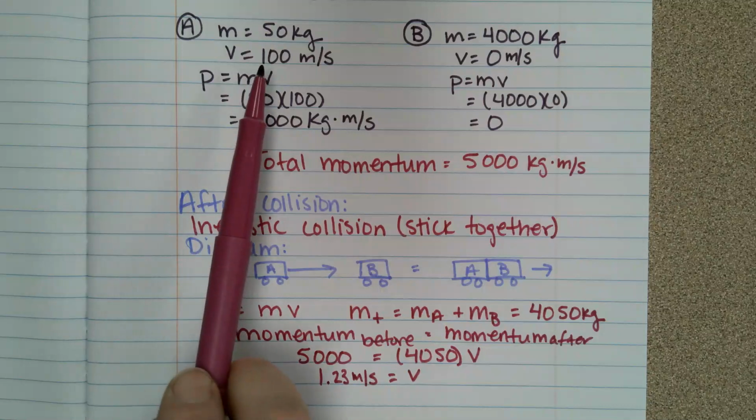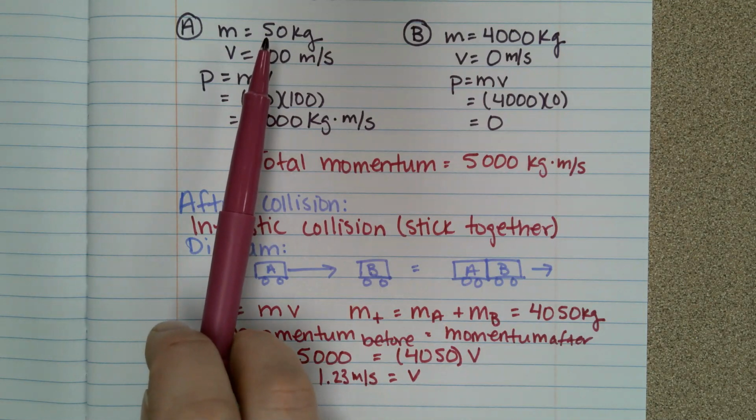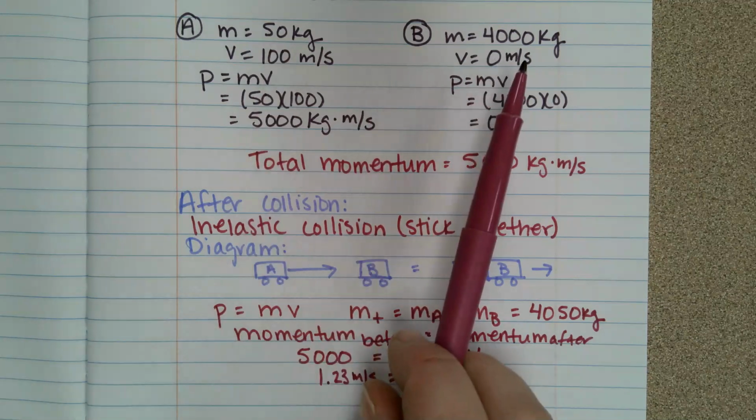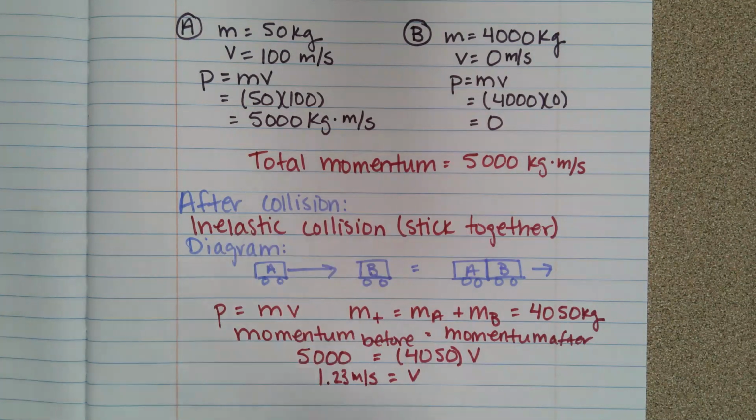We were going 100 meters per second beforehand, but our object was only 50 kilograms. It's running into a 4,000 kilogram object. It's much more massive, so that's really going to slow it down. So this is for an inelastic collision. For our momentum after, we look at our total mass because they're stuck together, so our mass changes, and then we can use that to find our velocity.